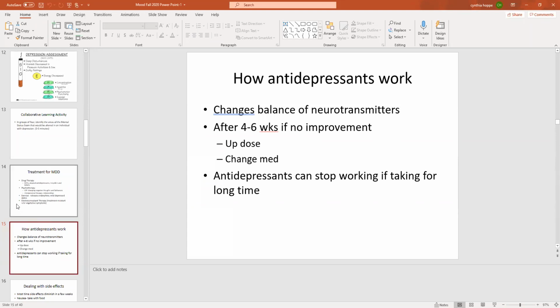Because if they're suicidal and they've got the energy, they might carry it out. And the unfortunate thing is that usually our patients are being discharged right when we see them improving physiologically, but not psychologically, which is unfortunate.